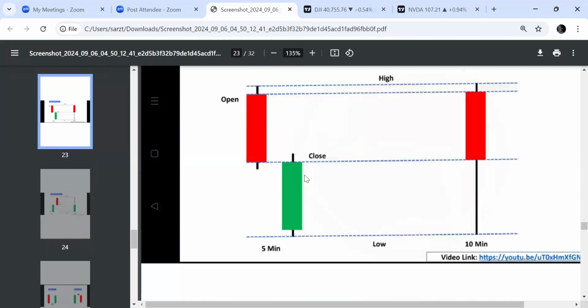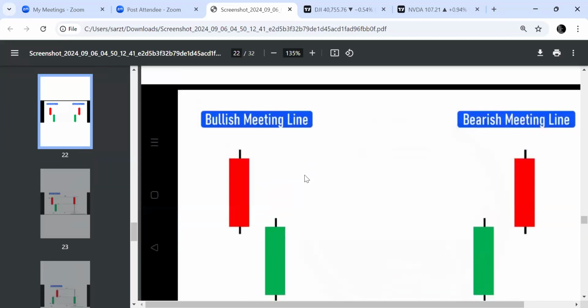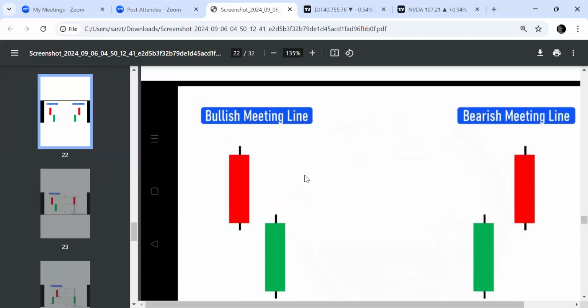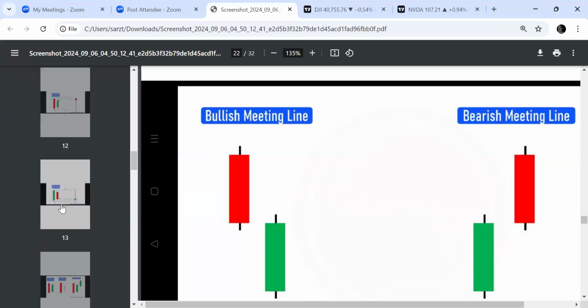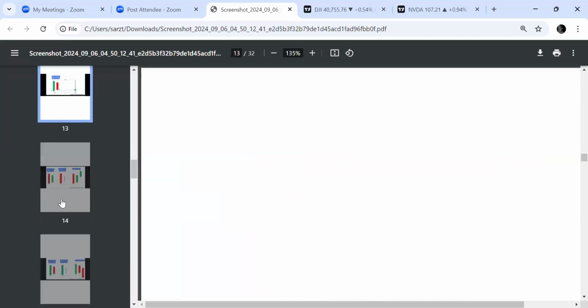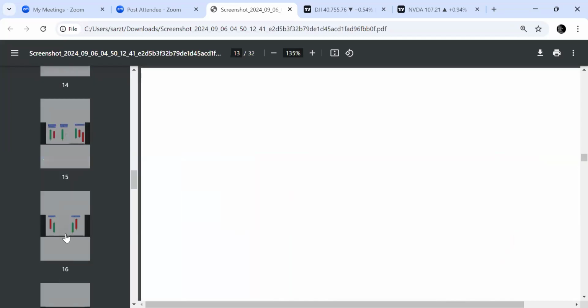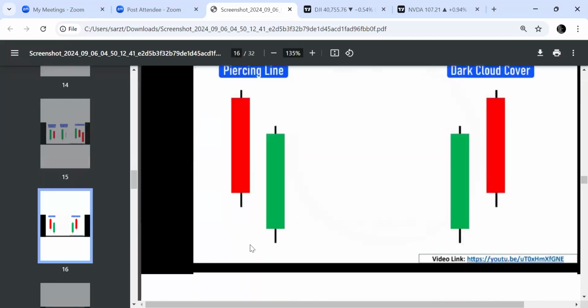We need to understand the psychology. At the end of the day, the concept is okay. Of course, with little differences, the concept is almost similar. Like in engulfing, it had completely taken over. In inside, it will be within the previous candle, and then we have piercing line.